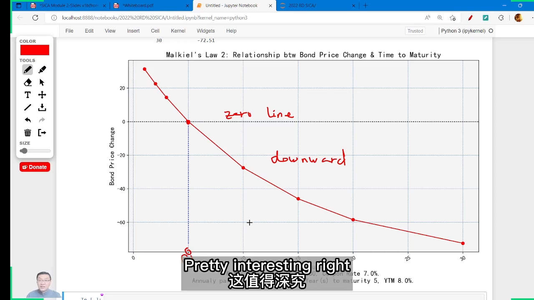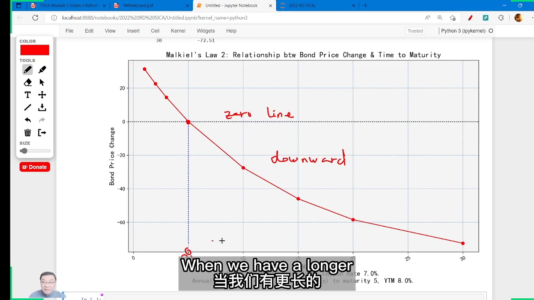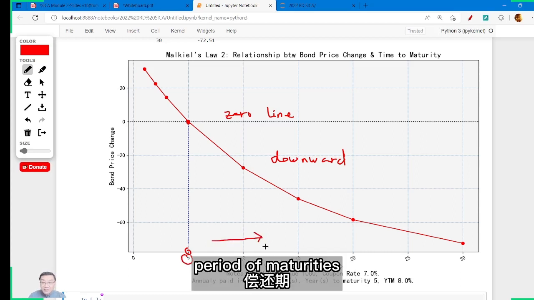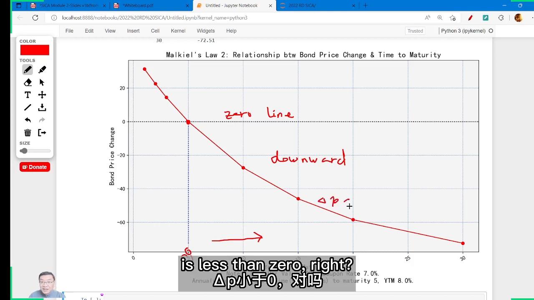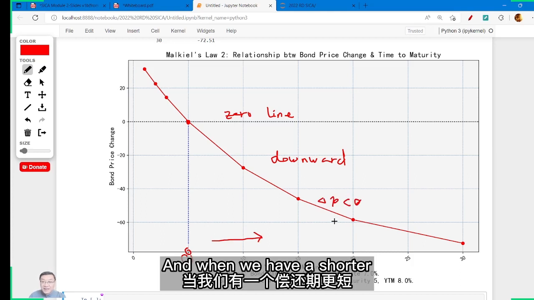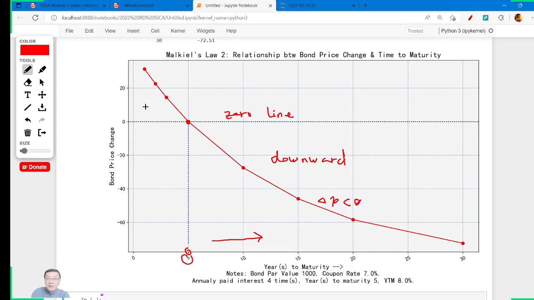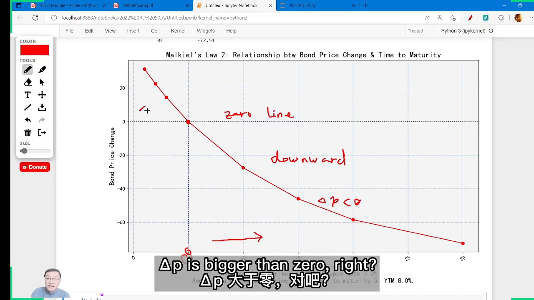This is pretty interesting, right? When we have a longer period of maturities, delta P is less than 0, right? And when we have a shorter period of maturities, delta P is bigger than 0, right?